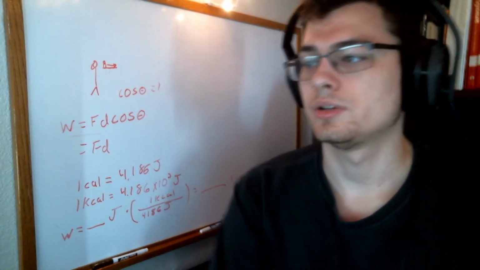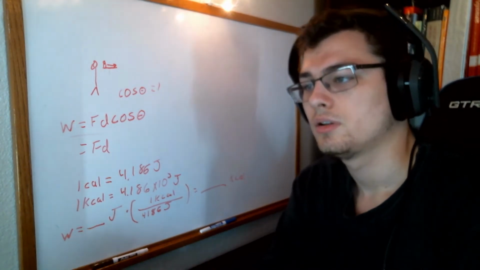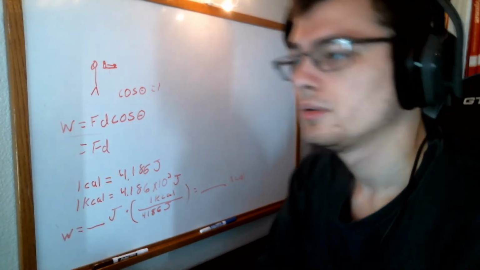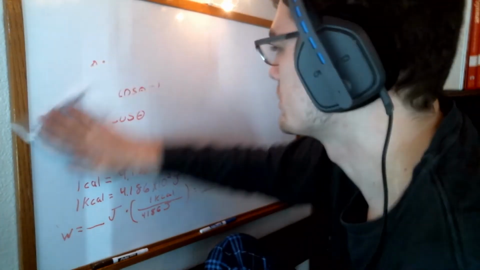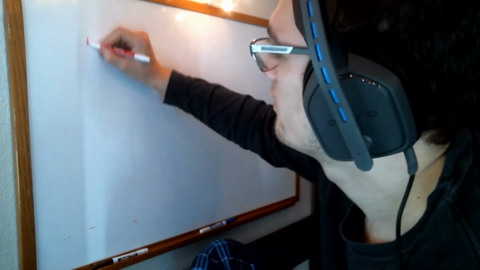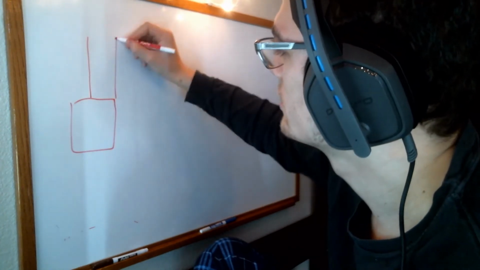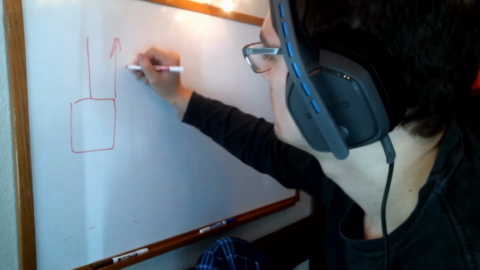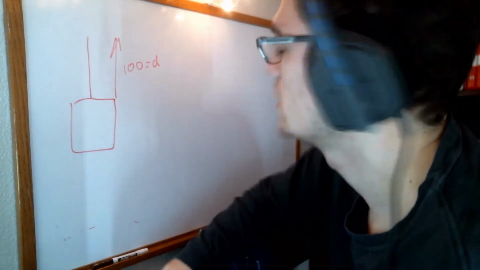Okay, so next up we're calculating the work done on an elevator by its cable to lift it 40 meters at a constant speed where friction is averaged by 100 newtons. So we have our elevator here, and it is going up some distance. This will be our D in this case.